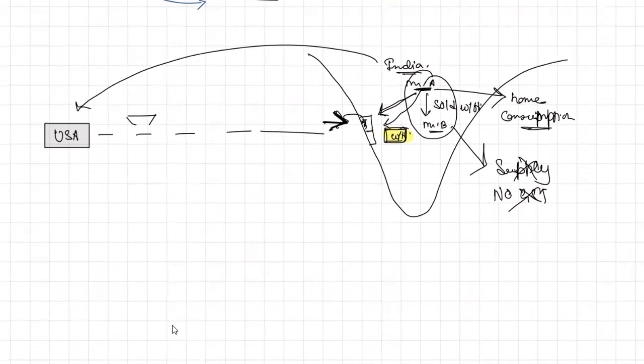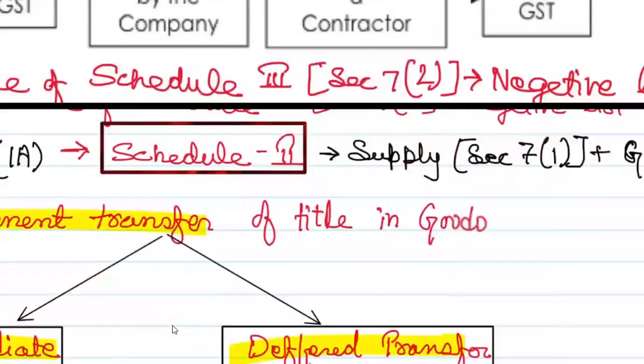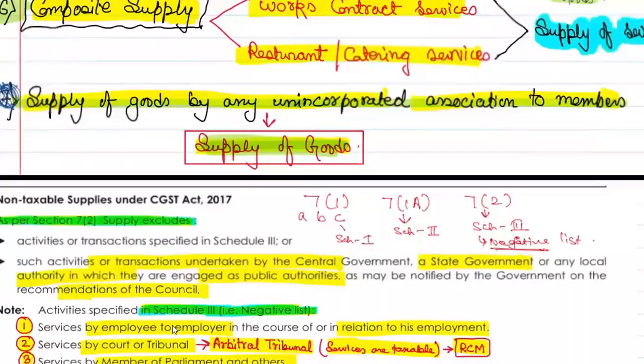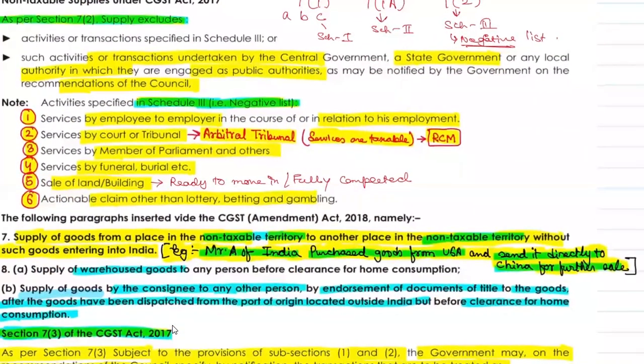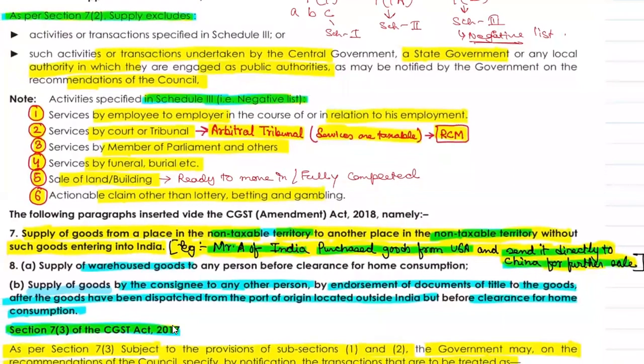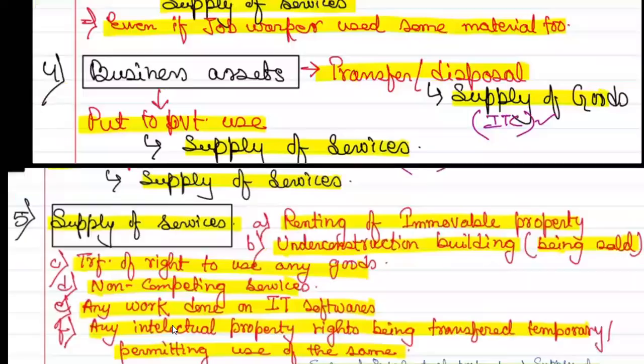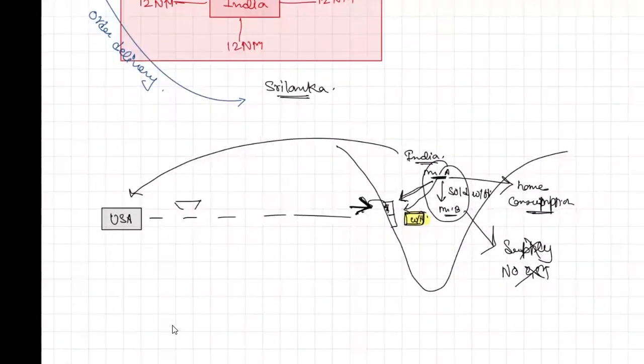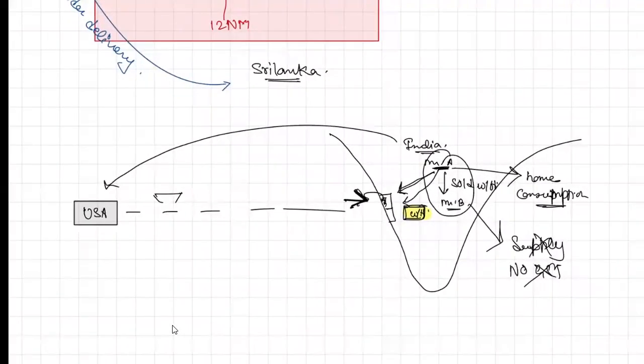Now the second one is also very similar to this. Let me explain the second example as well. Once the goods have been dispatched, Mr. A's goods have left USA but have not yet reached the Indian port.